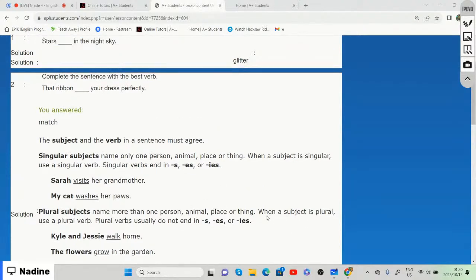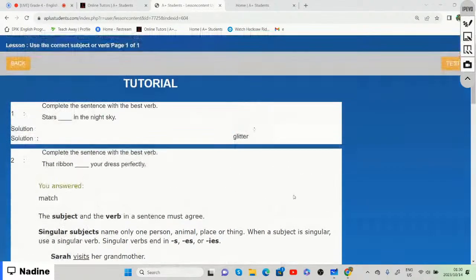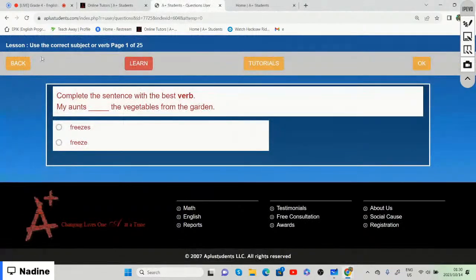All right, now let's go to our test. Because we said that the stars, they glitter in the night sky. My aunt, do we say my aunt freezes the vegetables from the garden or my aunt freeze the vegetables from the garden?